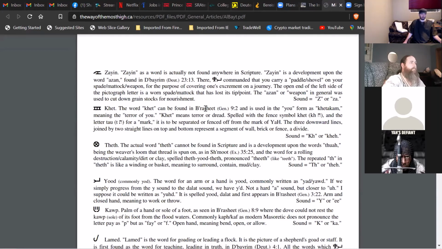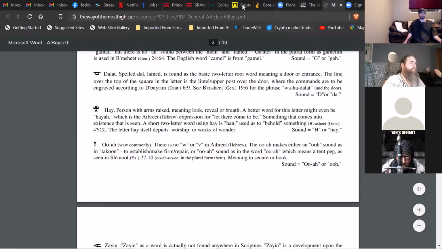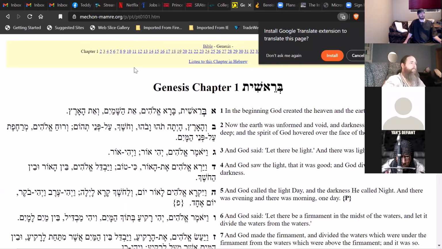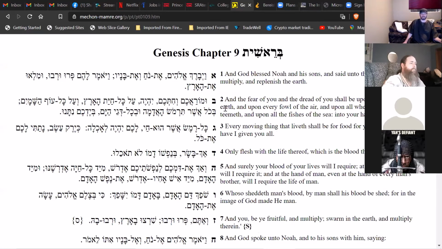You have an example of that in Genesis 9, verse 2: and the fear and dread of you shall be upon every beast of the earth, upon the fowl of the air, and upon the ground that teems, upon the fishes of the sea, and into your hand they are delivered.